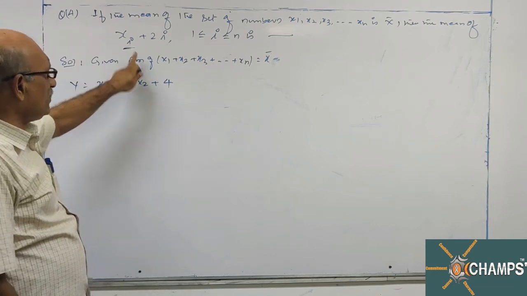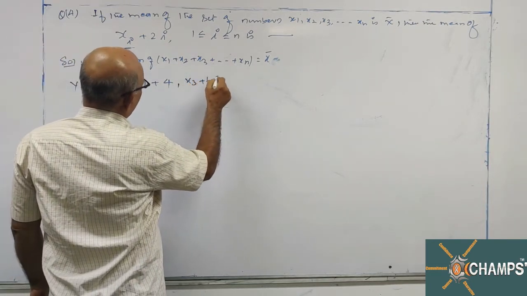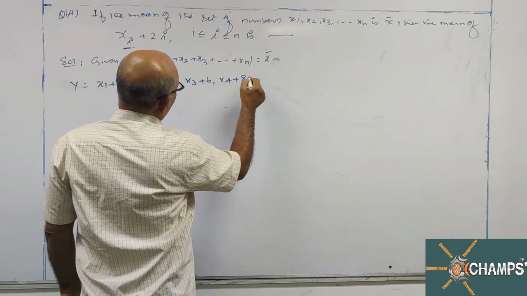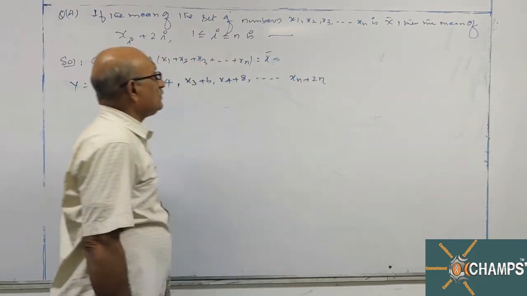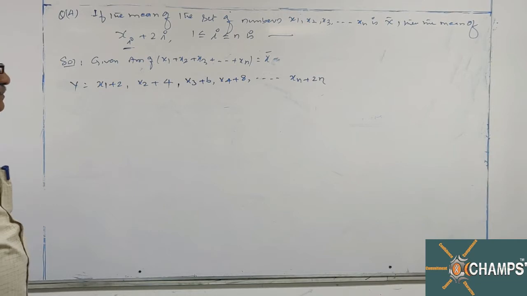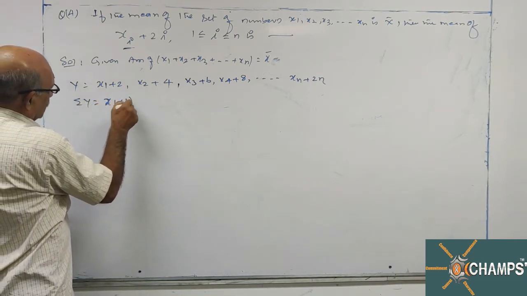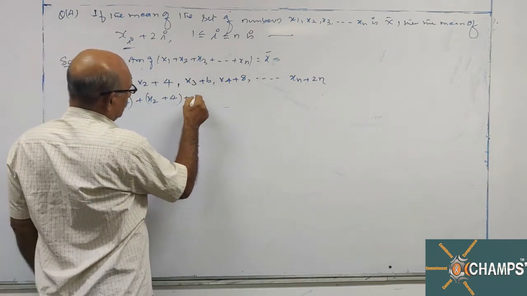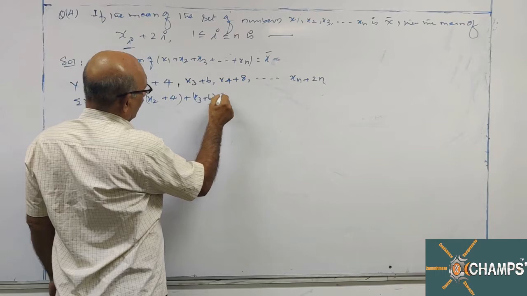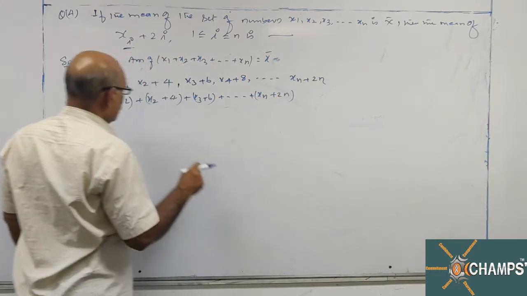When i is replaced with 2, x2 plus 4, x3 plus 6, x4 plus 8, plus xn plus 2n. Now summation of y is equal to x1 plus 2, x2 plus 4, x3 plus 6, plus xn plus 2n.